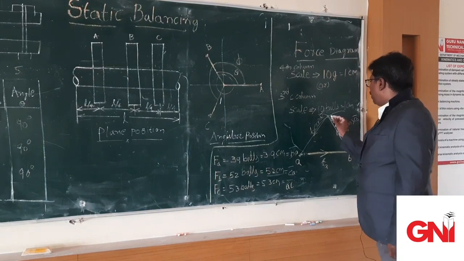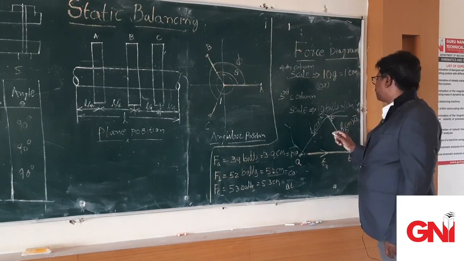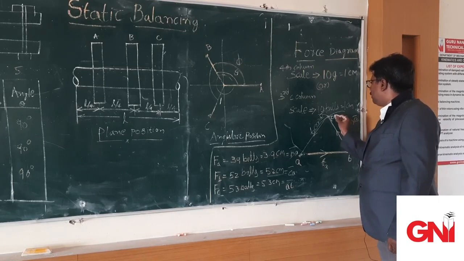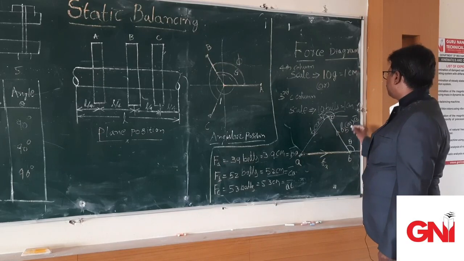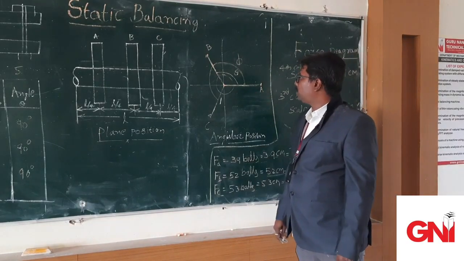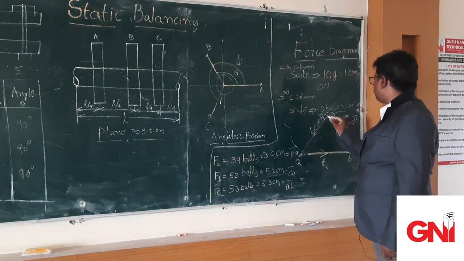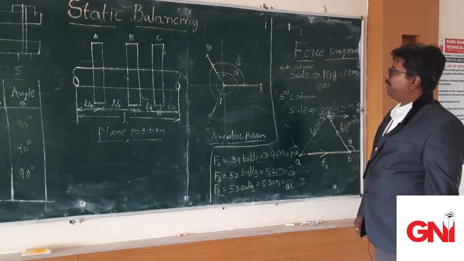Similarly, when I want to find the angular position of the CD or AC vector with respect to the initial position, that means the horizontal position, this is the positive x-axis. We are assuming this A vector is on the positive x-axis. That's why you need to construct the positive x-axis. From that, we call that angle phi.